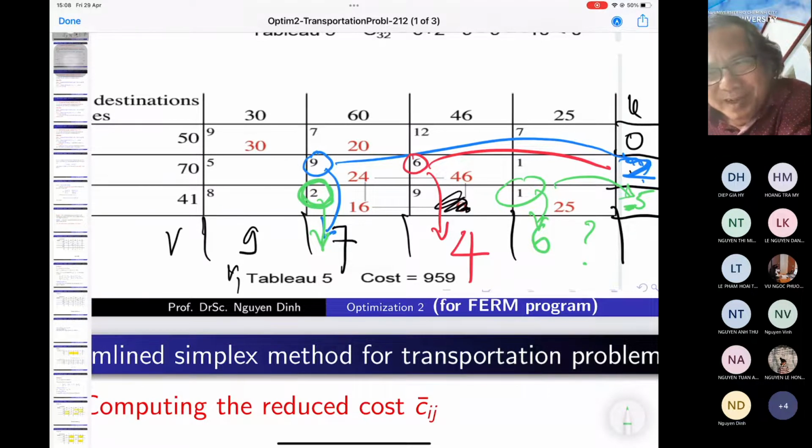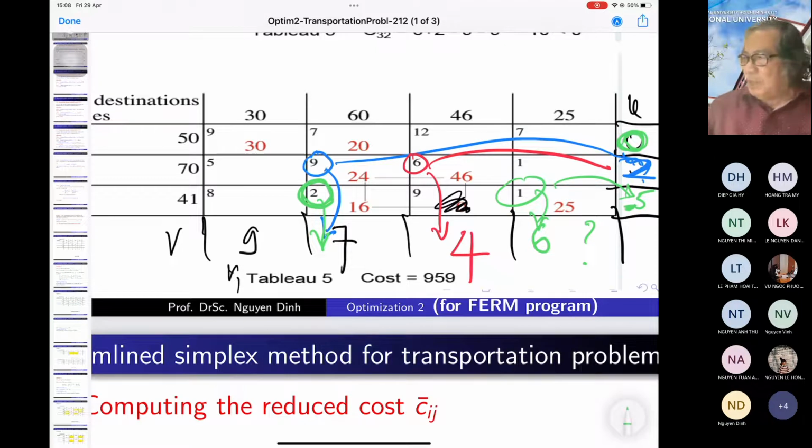You understand? I hope that all of you can understand. You can find out Ui and Vj very easily. But the key point here is you have to set U1 is 0. Of course, you can set U2 is 0, U3 is 0, Un is 0. But if you set U1 is 0, then you get Ui and Vj like this.